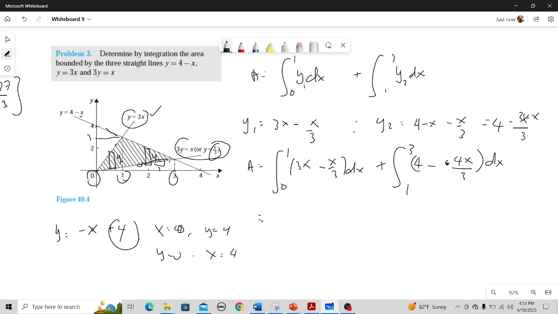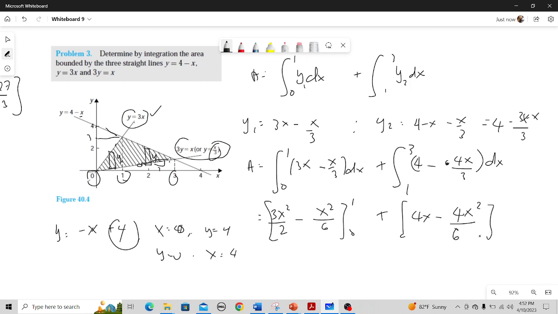From here we can simplify the integral values. You have 3x squared over 2 minus x squared over 3 times 2 is 6, from 0 to 1. And then you have 4x minus 4x squared over 3 times 2 is 6.